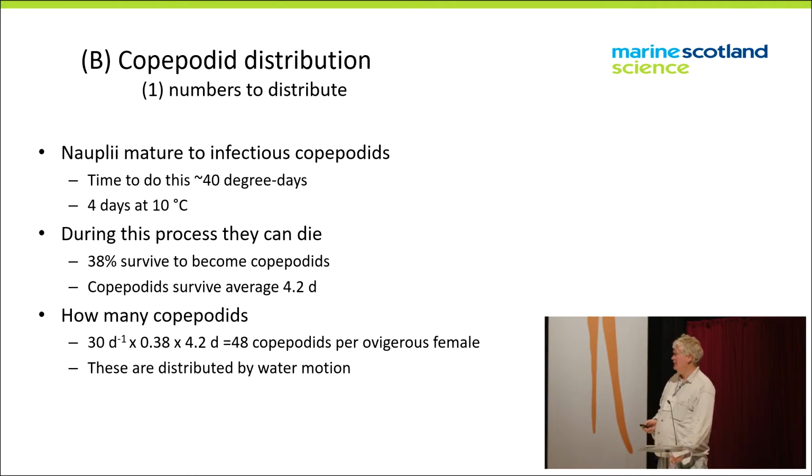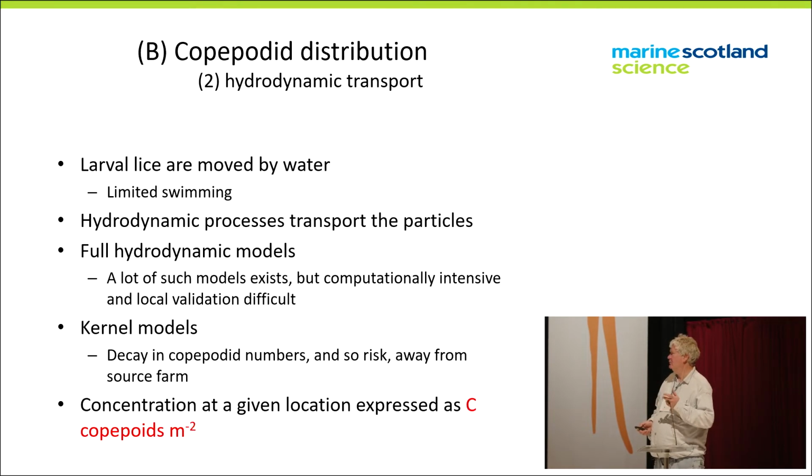We have 38% survival over 4 days, and these copepodids then survive for an average of 4.2 days. Details are in modeling that I'll describe later, but this results in an average of 48 copepodids per ovigerous female as our infection pressure, which are distributed by the movement of water.